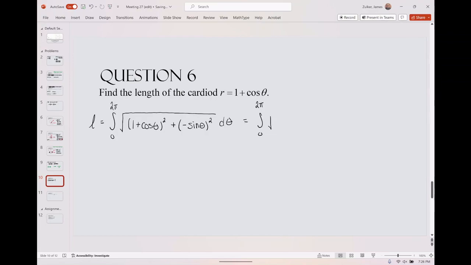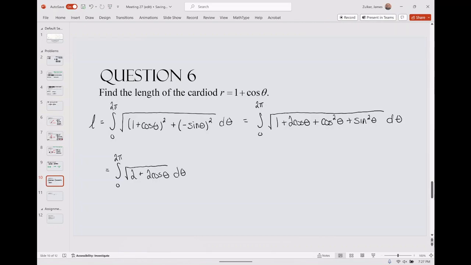0 to 2 pi square root of 1 plus 2 cosine plus cosine squared, then plus sine squared. And we're left with the square root of 2 plus 2 cosine.